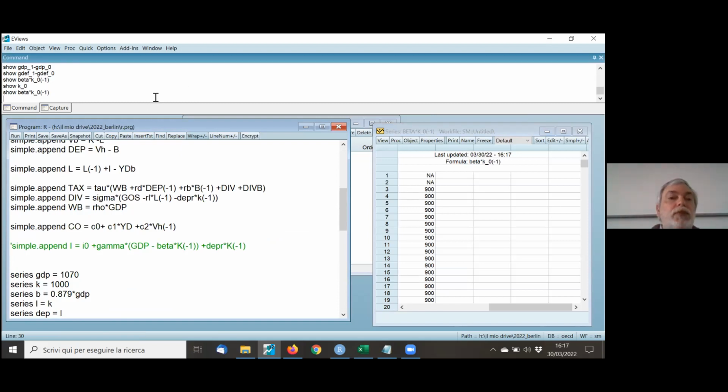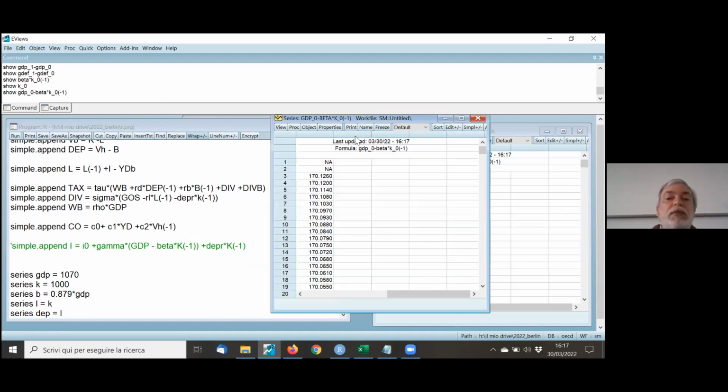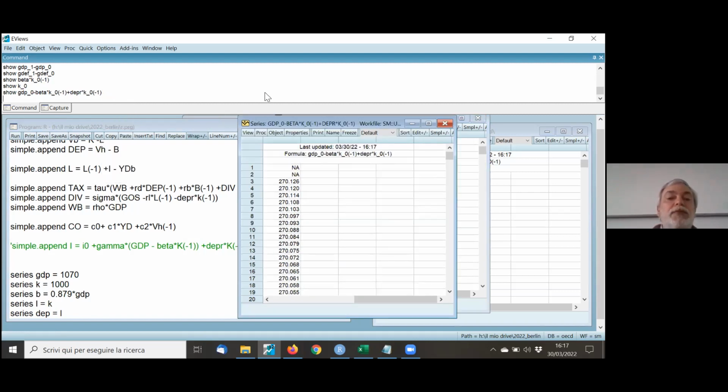GDP less this beta would be in the range of 170. So this plus the depreciation of the opening stock of capital is in the order of 270. So with these parameters, total investment is larger than what we want.